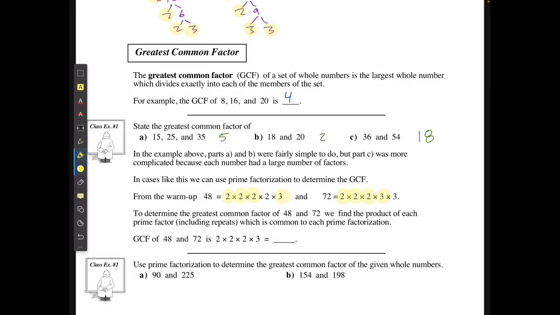If I take all of the factors that they have that are the same and multiply them back together, you're going to get the greatest common factor. In this case, it's going to be 24.